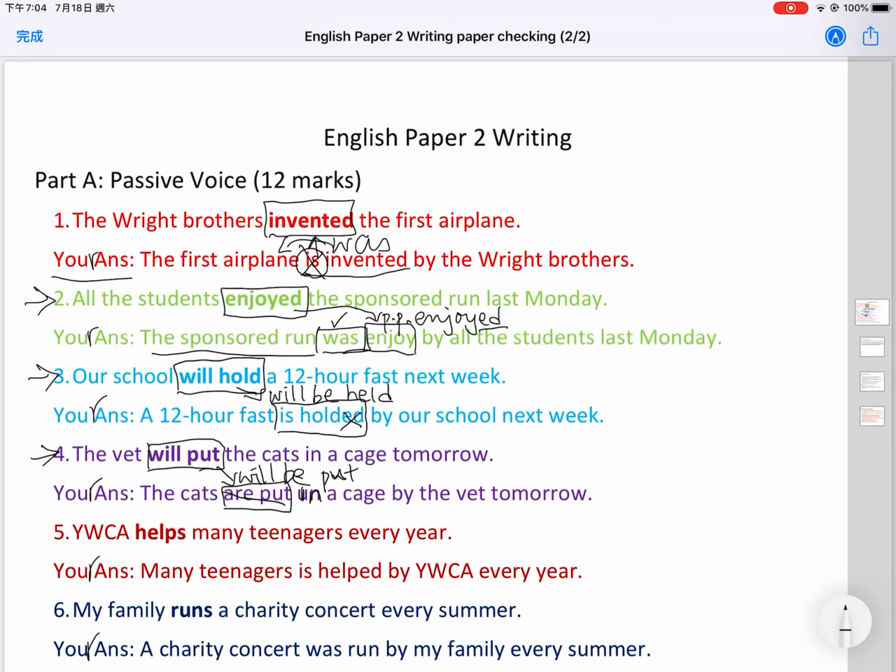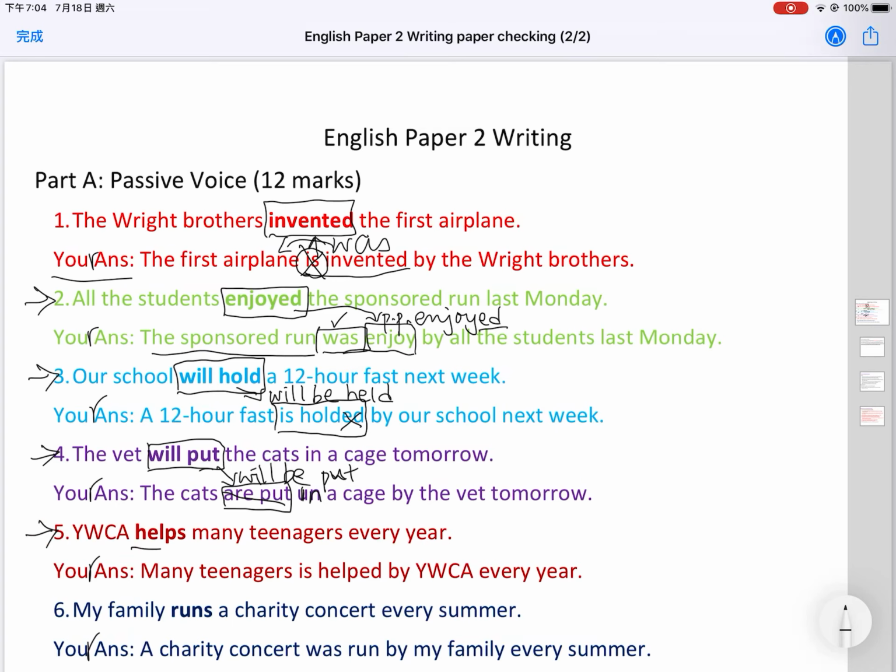Because the word put has all three forms the same, in three categories: simple present tense, past tense, and past participle. So that's why we say put. Okay, it's very, very easy to remember.